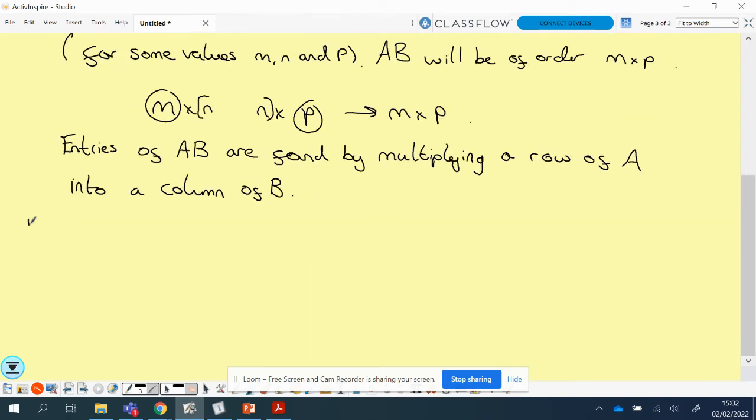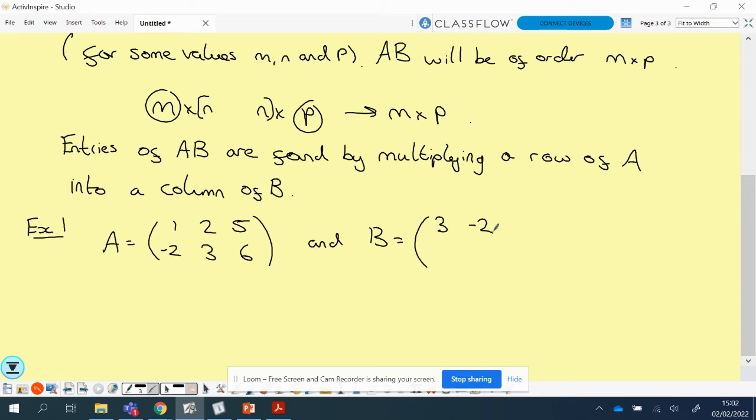So look at example 1. We're going to have A as the matrix 1, 2, 5 and -2, 3, 6, and we're going to have B as the matrix 3, -2, 1, 4, -3 and 0.